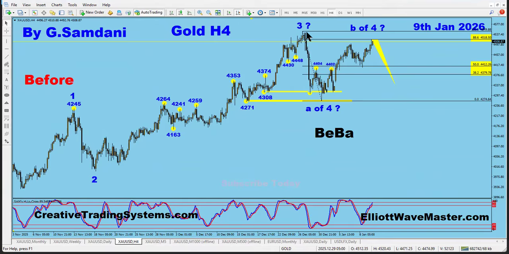So if we take this one out, then it is probably 4. But this is like wave 1, 2, 3, 4, 5. That could be A, right? And then B, and then C, and then D, and so on and so forth. So let's see what happens.